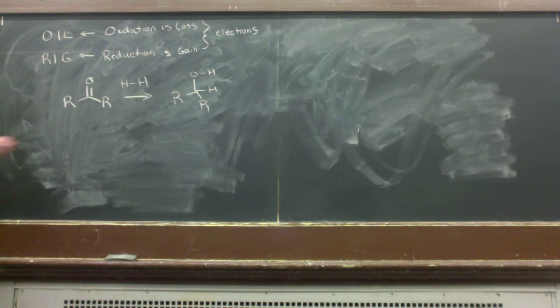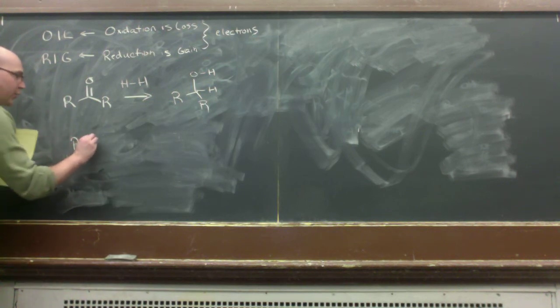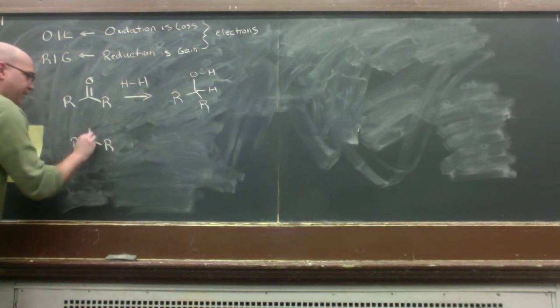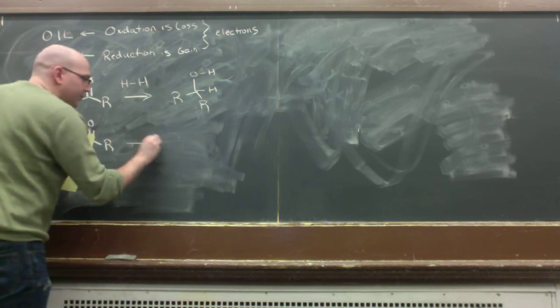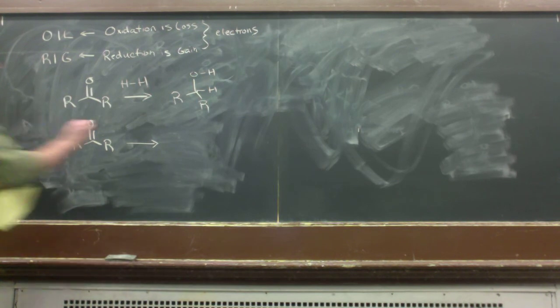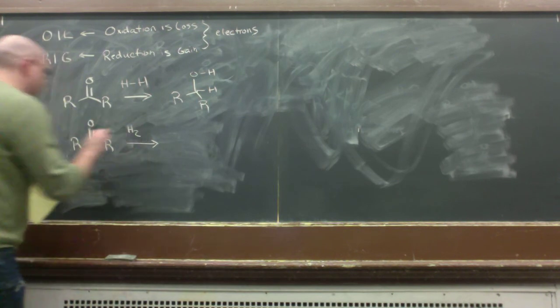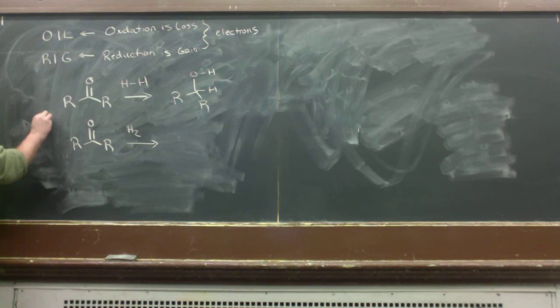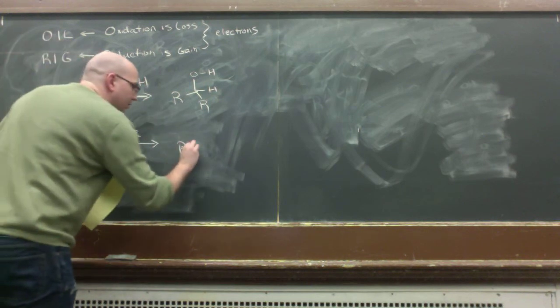Okay, now, if we, say for example, take a molecule and we do what we call an exhaustive reduction. And we'll give a few examples of these. What we mean is we're going to reduce this really all the way down to the alkane chain.